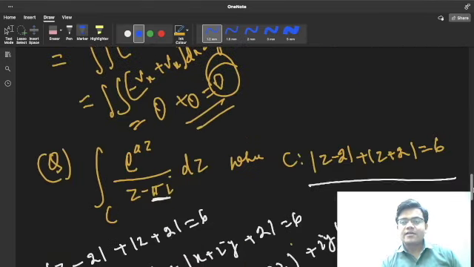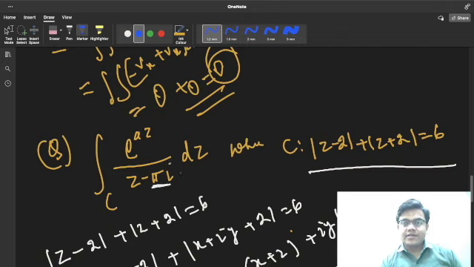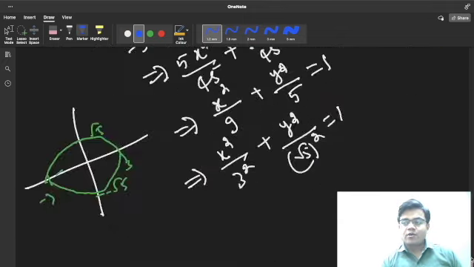But you can see the point where we have to integrate for this pi i. Where is your pi i? What is its location? Your root 5 is 2 point something, 2.23 or something like that, but pi is 3.14 and so on. So you can see this point is outside this domain.